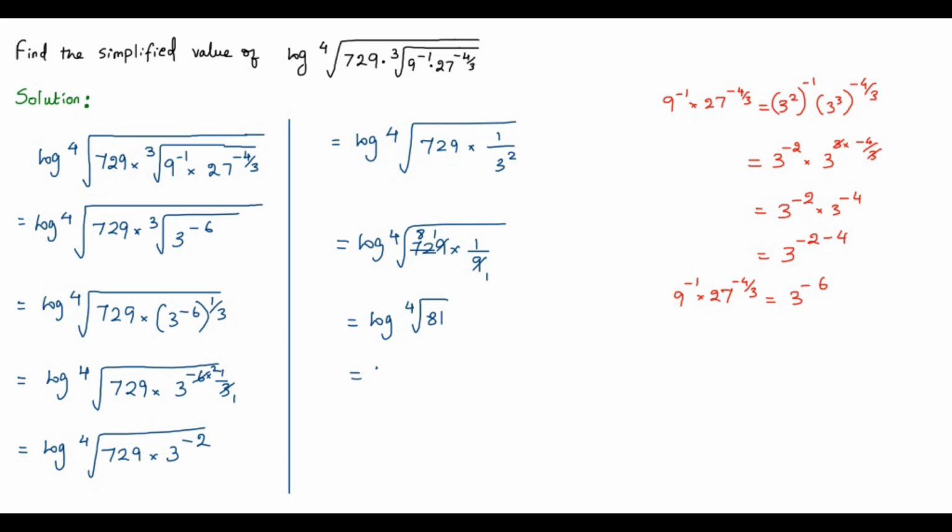Okay, here we can write the 4th root as an exponent, then we get the exponent 81 to the power of 1 by 4. Already we know that 81 is an exponent of 3, so 81 can be written as 3 to the power of 4 whole to the power of 1 by 4.